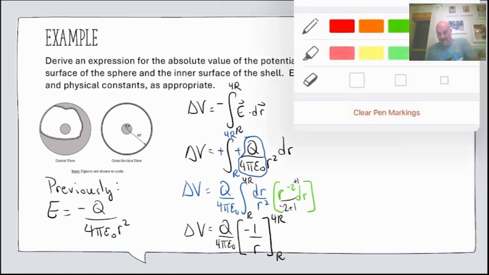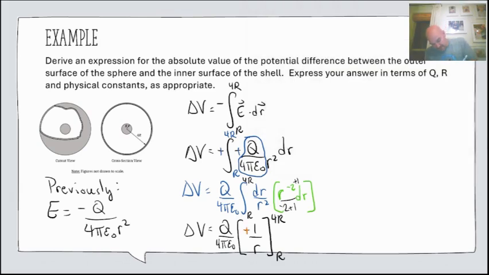Now what I can do here, if I want to make this a plus, is make that a 4R and make that an R. So I'm doing 1 over R minus 1 over 4R. So we say delta V equals Q over 4 pi epsilon naught times 1 over R minus 1 over 4R. And now we just simplify this.